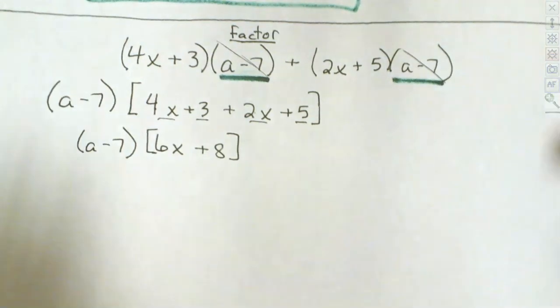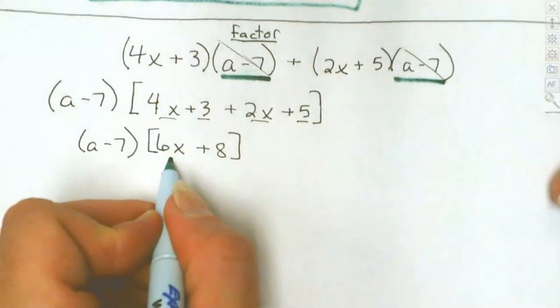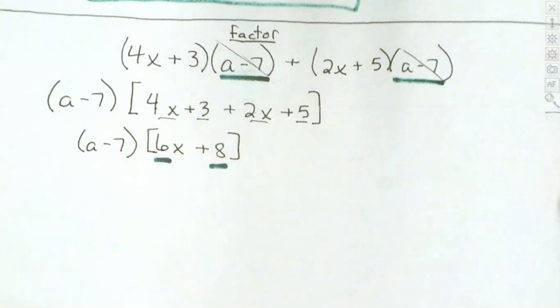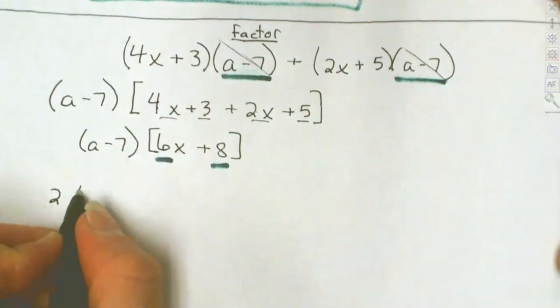See if there's a number or a variable that can come out. So let's look at our square bracket here. We've got a 6 and we've got an 8. So 6 and 8 have what in common? 6 and 8 have a 2 in common, don't they? So I'm going to now take a 2 out, and I'm going to put the 2 clear in the front.